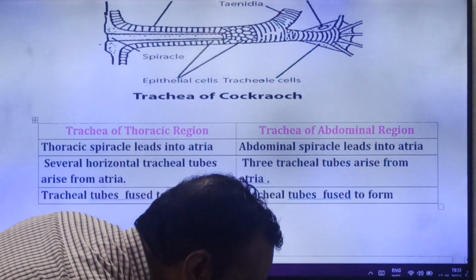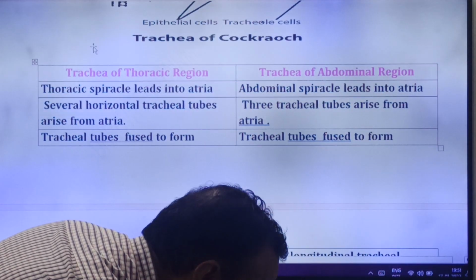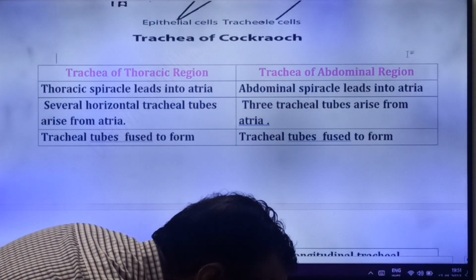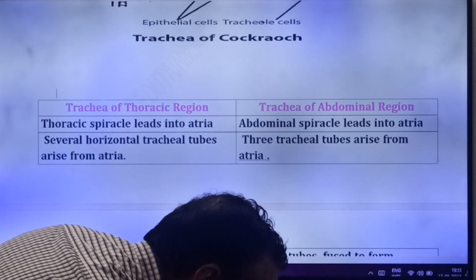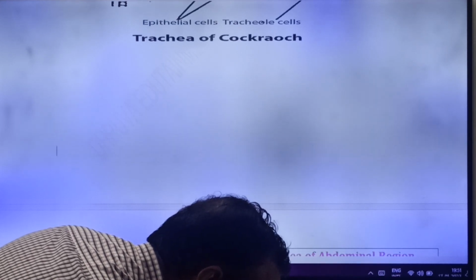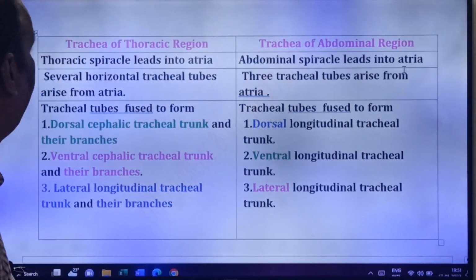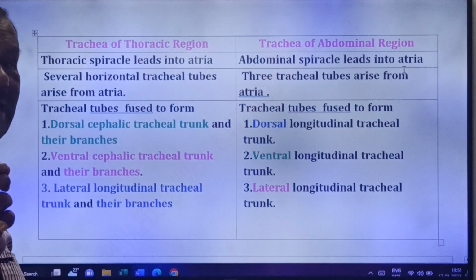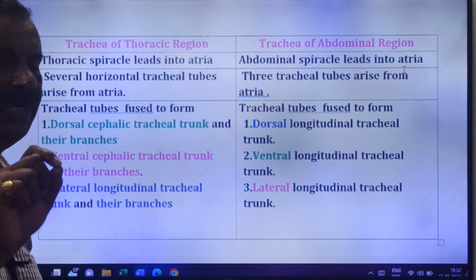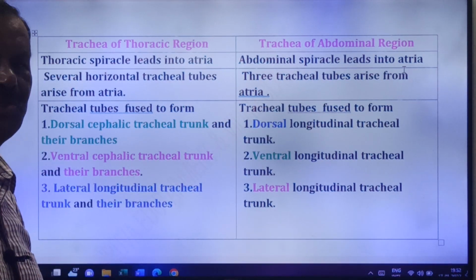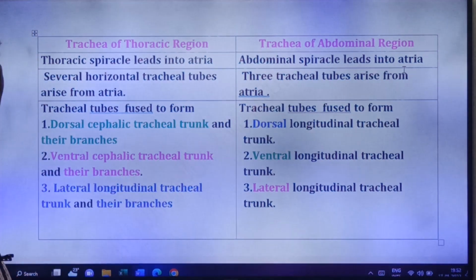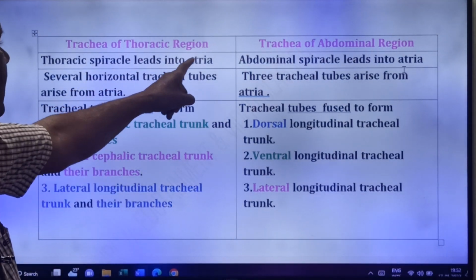Now here I have given the differences between trachea of the thoracic region and trachea of the abdominal region. Friends, please no need to write this in your notes. This is for understanding. Thoracic spiracles lead into atria.